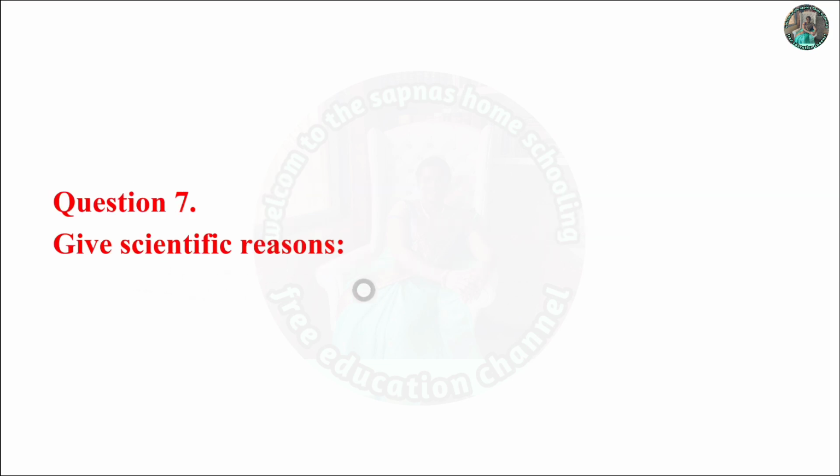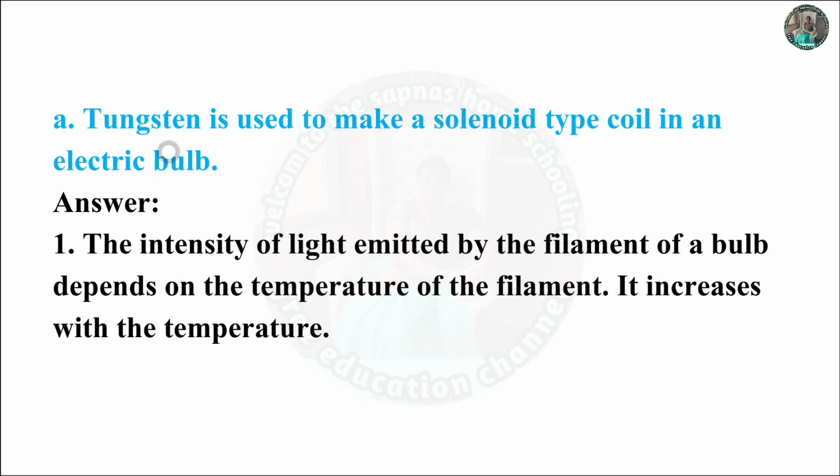Question 7. Give scientific reasons. Tungsten is used to make the solenoid type coil in an electric bulb. The intensity of the light emitted by the filament of a bulb depends on the temperature of the filament. It increases with the temperature.